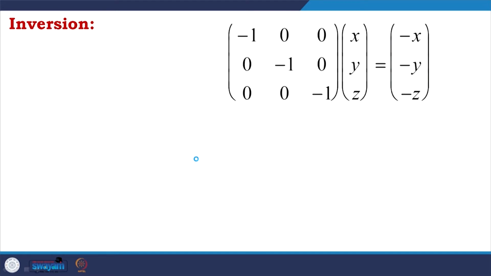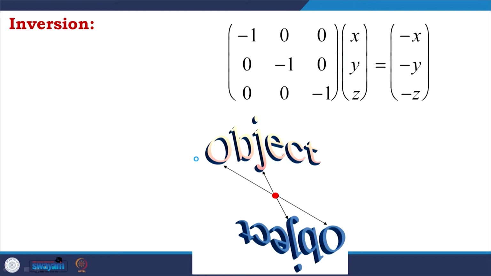Now, let us see the symmetry inversion, where all the coordinates change: x, y, z are converted to minus x, minus y, minus z. So, there would be a point, and if you measure, every position would be equidistant from that. So, if this distance is this, this distance would be the same.